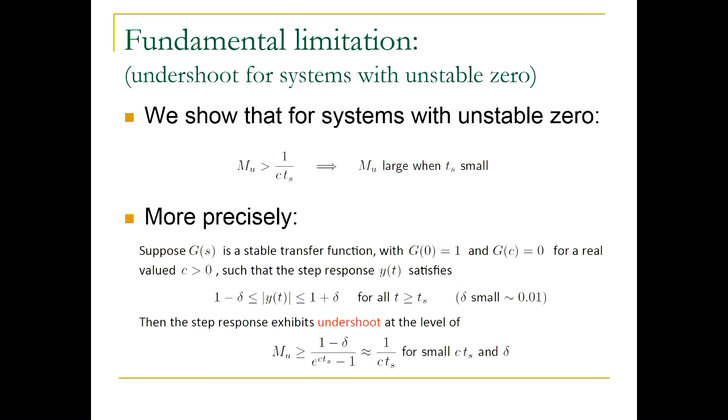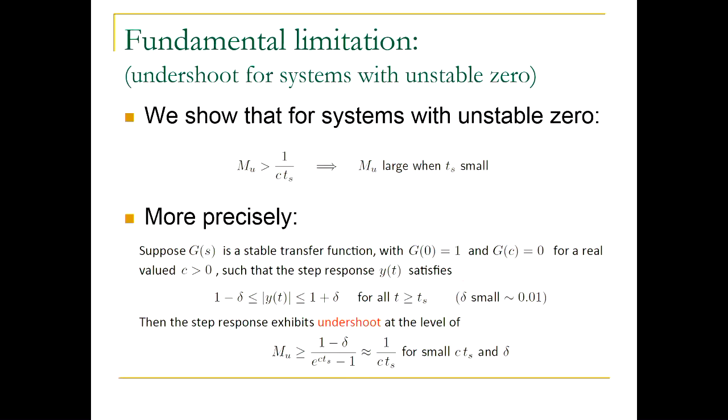And this is the result. For systems with an unstable zero, where C is your zero, C is a positive real number, and s = C is the zero. If I give you a certain settling time, and I know that I have a certain unstable zero, then the undershoot would be lower bounded by this number.